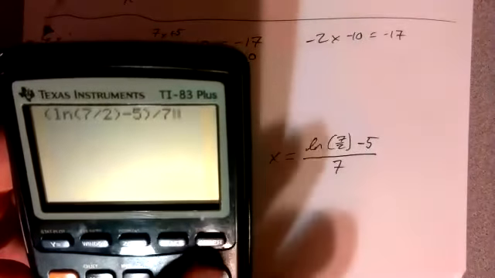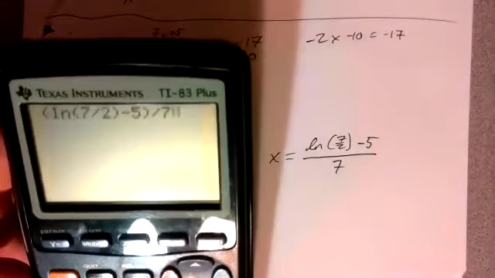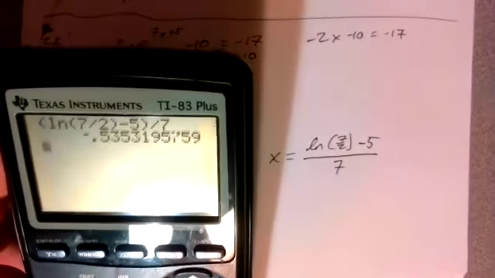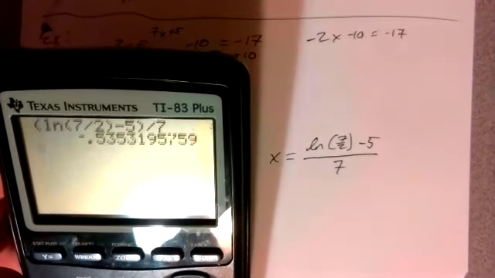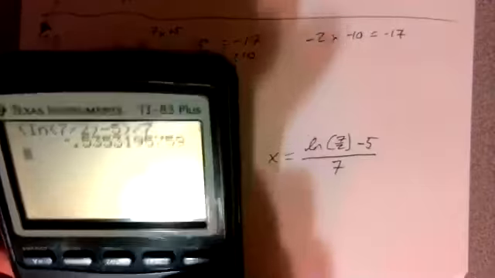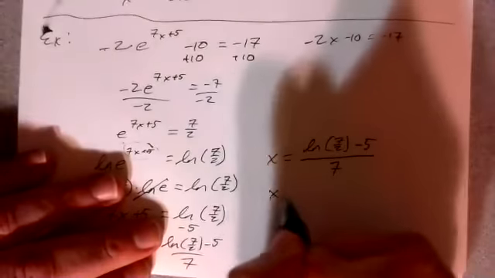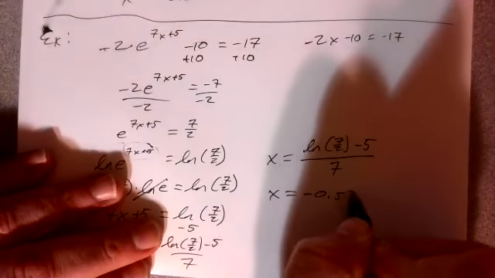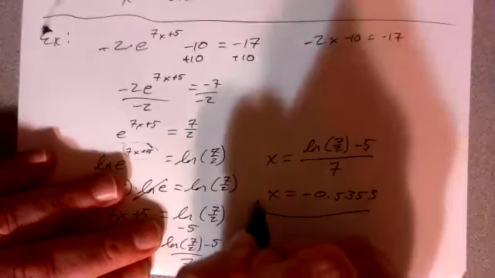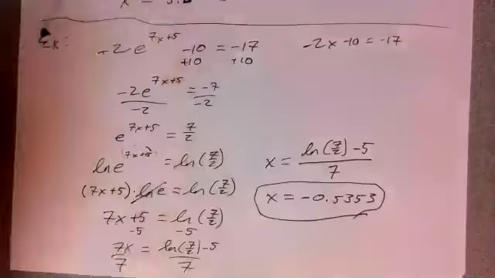Now I can hit enter, and I get negative 0.5353. So x equals negative 0.5353, and that is my final answer.